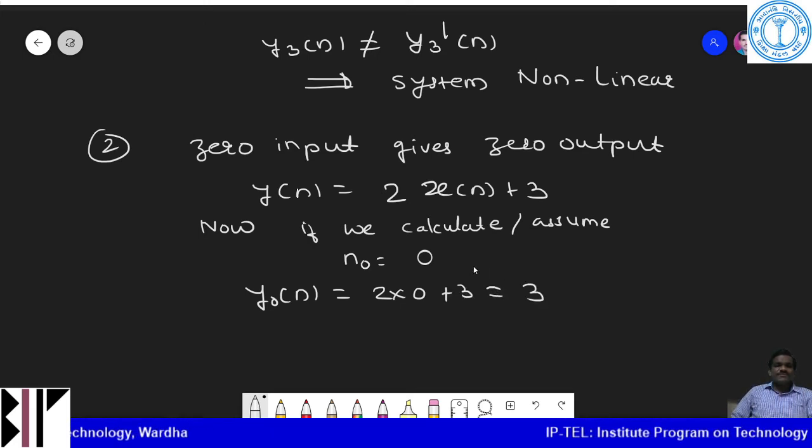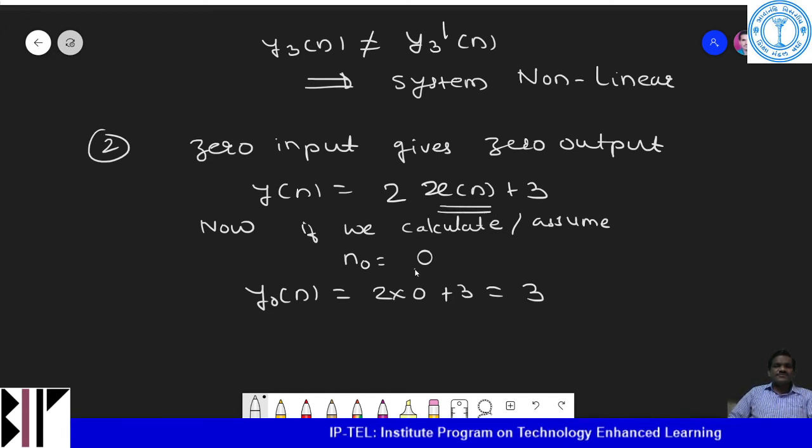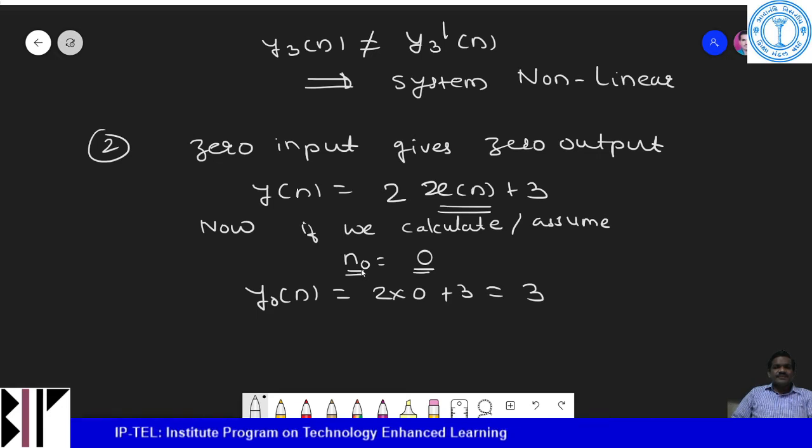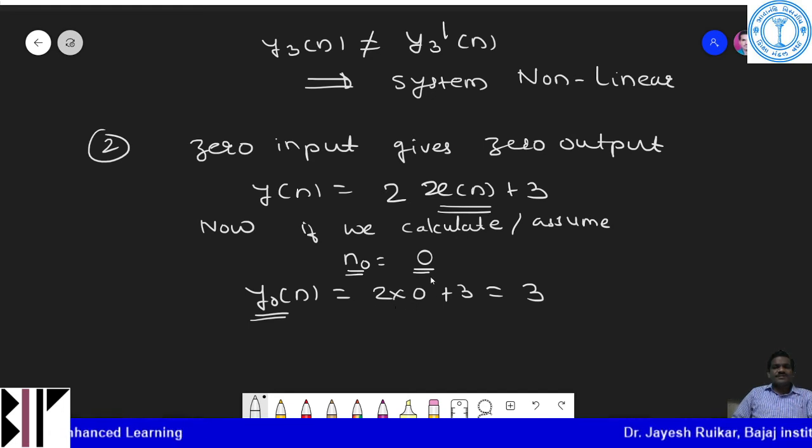So if we provide 0 at the input, so x of n is equals to 0 at a particular time instant n0, it will give me y0, which is equals to 2 times x of n, where x of n is equals to 0.